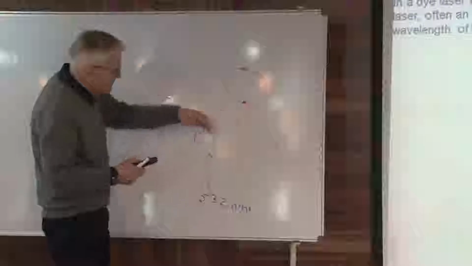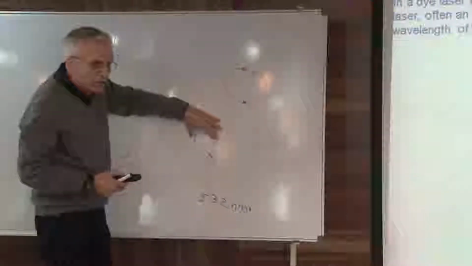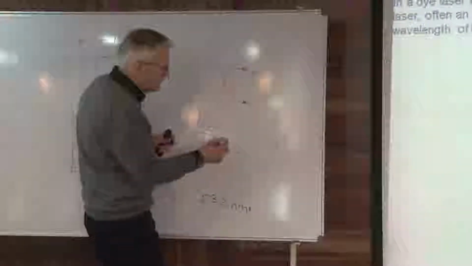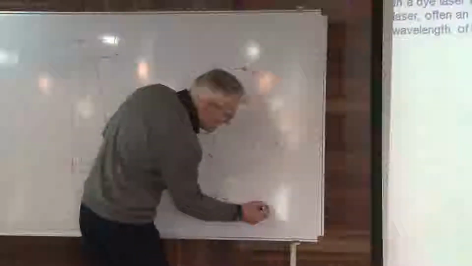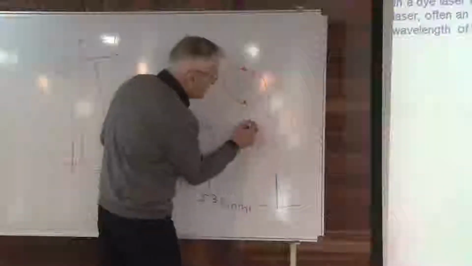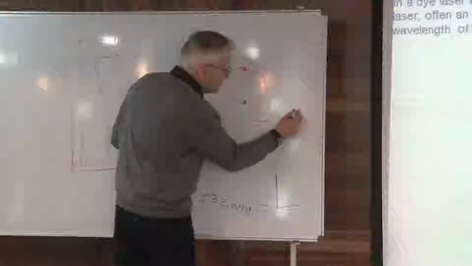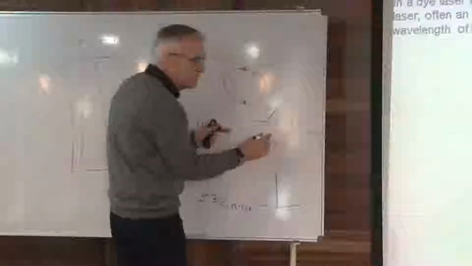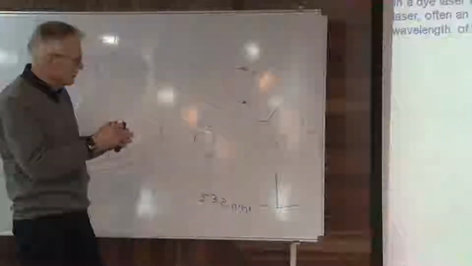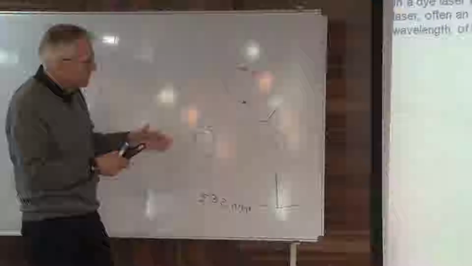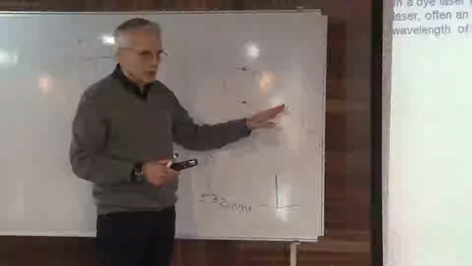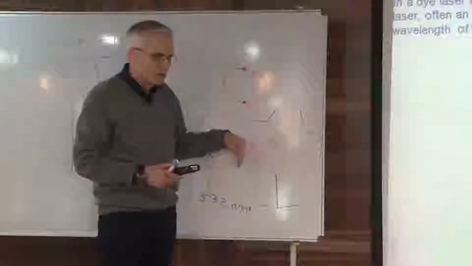Then we'll create population inversion in these molecules and the output beam will not be, as in the YAG laser, narrow, but rather we'll get something that is broad, right? It could be hundreds of nanometers or angstroms. So now we have a broad laser instead of a narrow laser. But that's not what we want. We want to have a tunable laser.